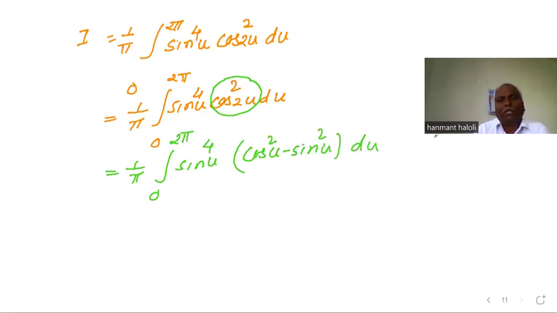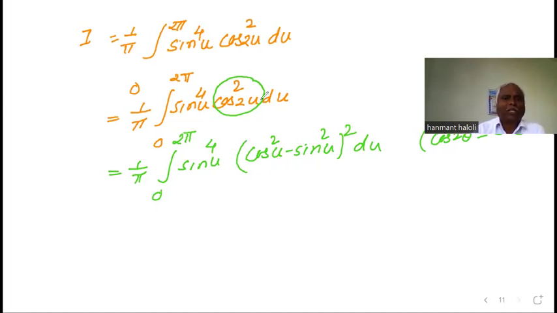Here we applied the cos 2θ formula: cos 2θ is cos^2 θ minus sin^2 θ, and here the bracket square is there.